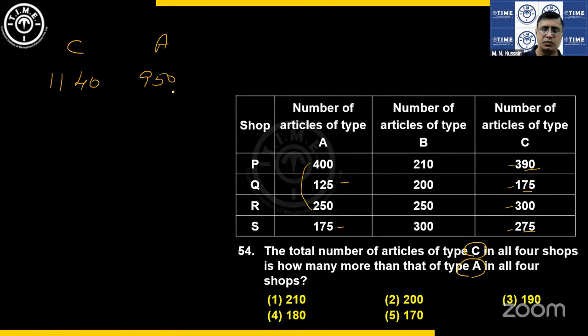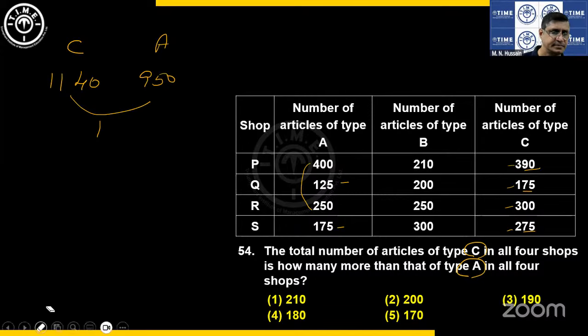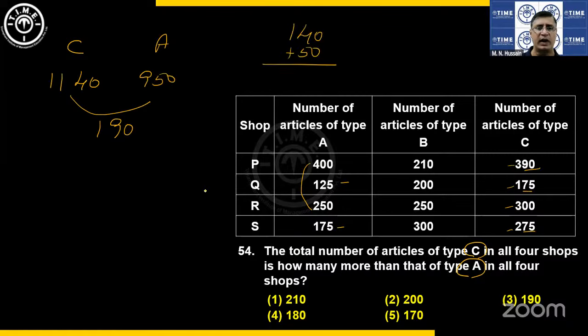Here it is 50 less than 1000, it is 140 more than 1000. So 140 plus 50, that is 190. Sorry, small correction here. Now mark the answer choice. Option 3. Third choice is the right answer.